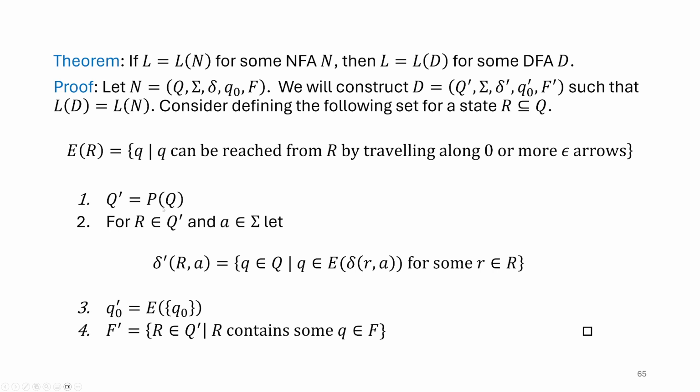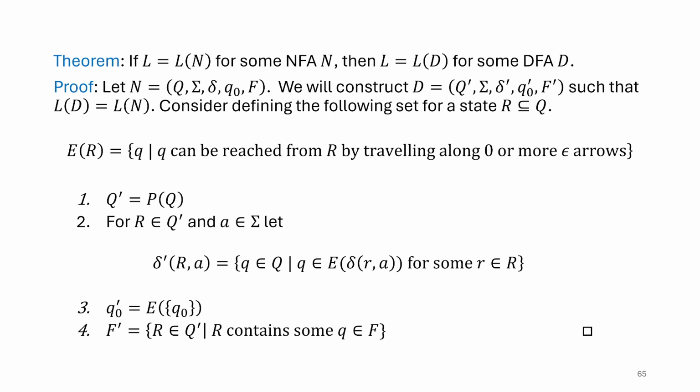Why? The power set is exponential in size of the original set, meaning if our original set had n states, like 10, then our new power set of states is going to have 2 to the n states, or 1024 states. So we could go from an NFA with 10 states to a DFA with 1024 states.